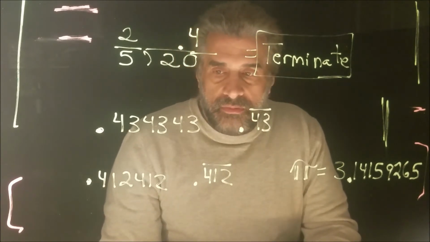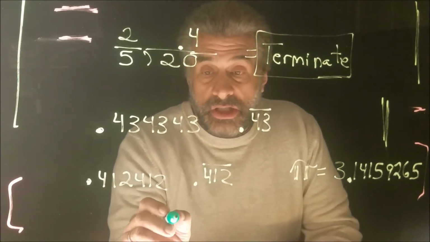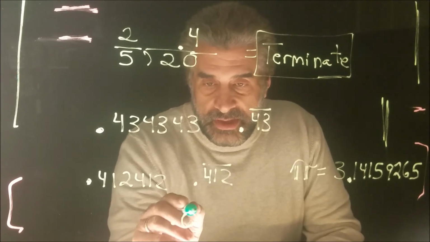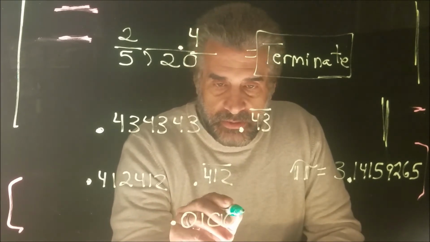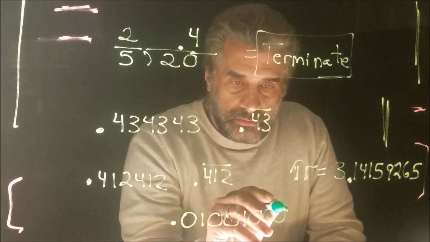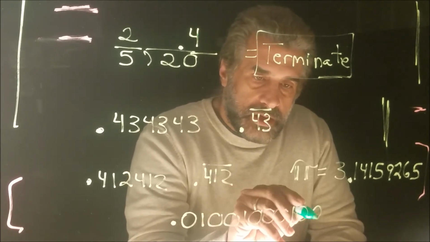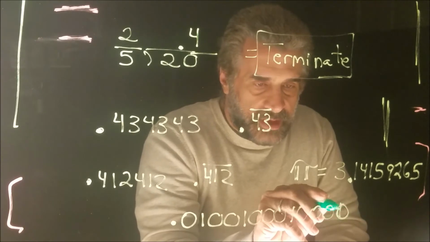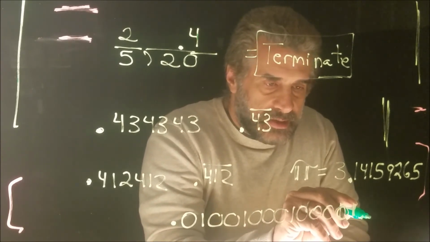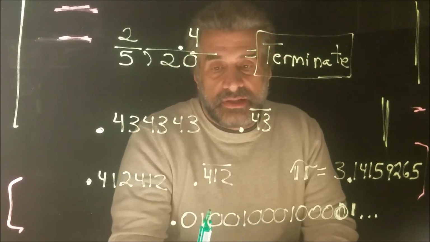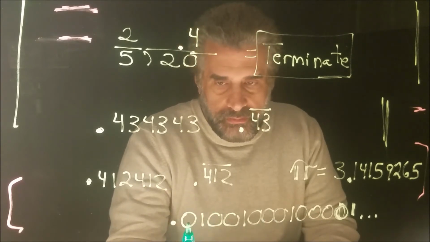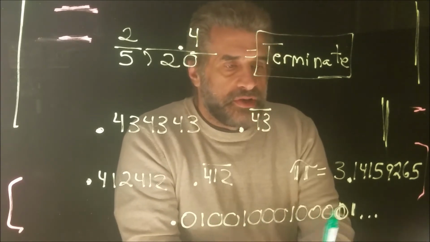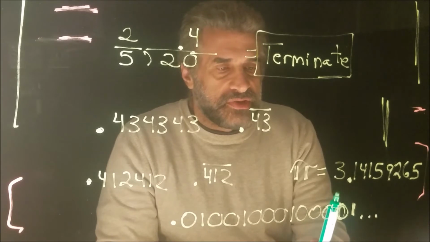Now, a number may look like it has a pattern, for example, like this. This may look like it has some pattern, right? And there is a certain pattern here. Well, let me just put another 0 there. Dot, dot, dot. Now, what's happening here is it seems as if the next one in the sequence will be 0000001.